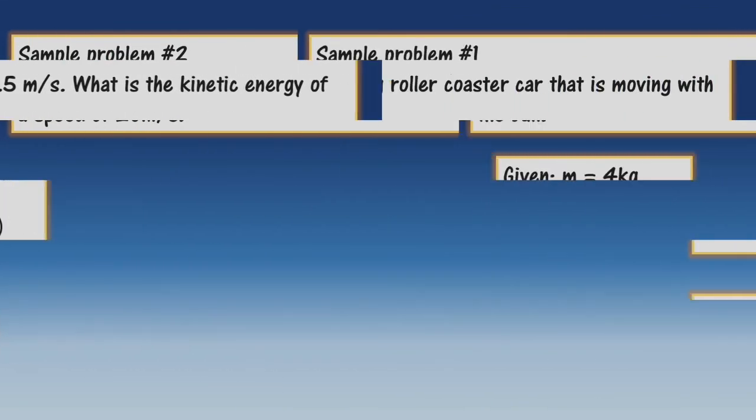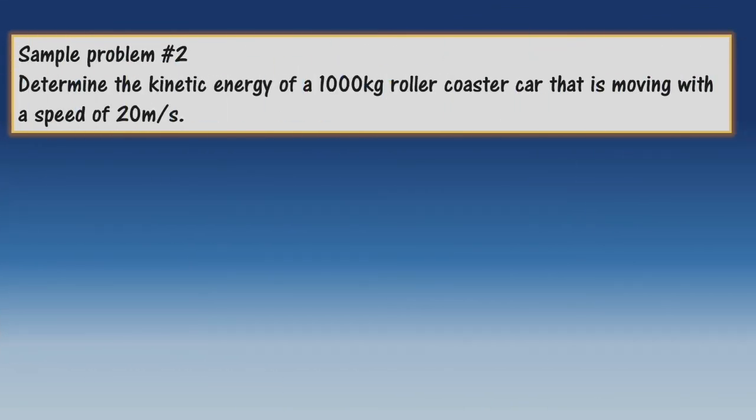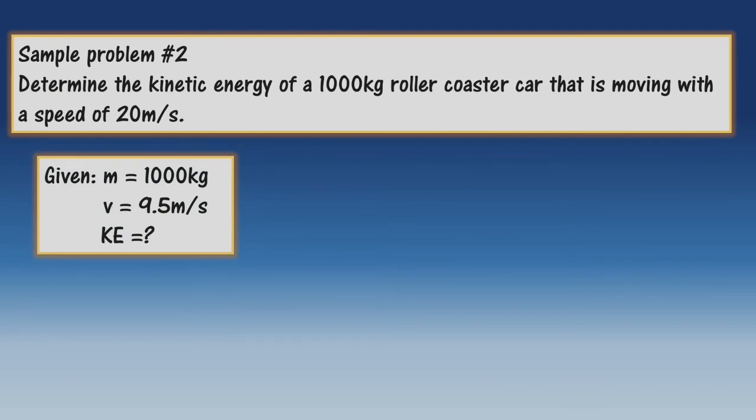Another example. Determine the kinetic energy of a 1,000 kilogram roller coaster car that is moving with a speed of 20 meters per second. So, given 1,000 kilograms for mass, speed is 20 meters per second, and kinetic energy is the unknown.